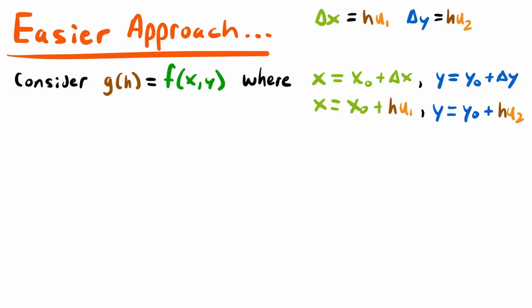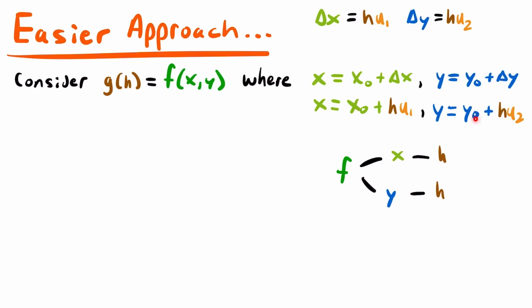Alright, because what we can do here is draw a derivative tree, starting with the dependent variable. We don't have it written out explicitly, but you could think of it as g of h, or just the function f, which is how I'm going to write it here. We have f, which is defined in terms of two intermediate variables, x and y. So we have x and y, and then both of those two intermediate variables are defined in terms of one independent variable, h.